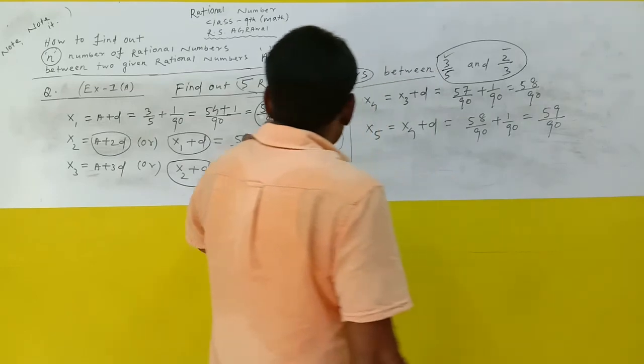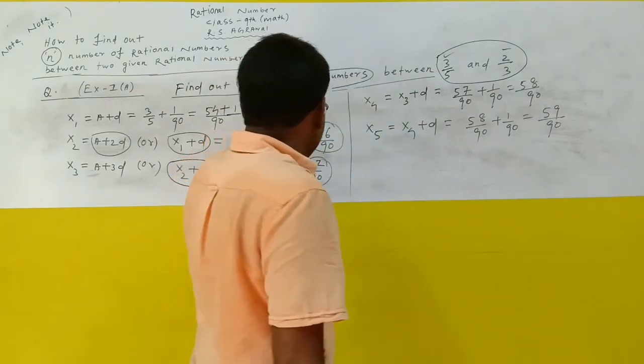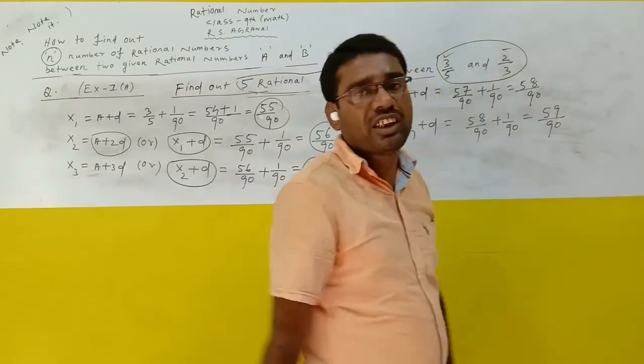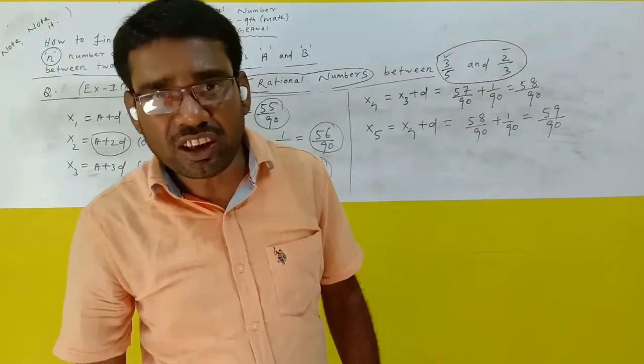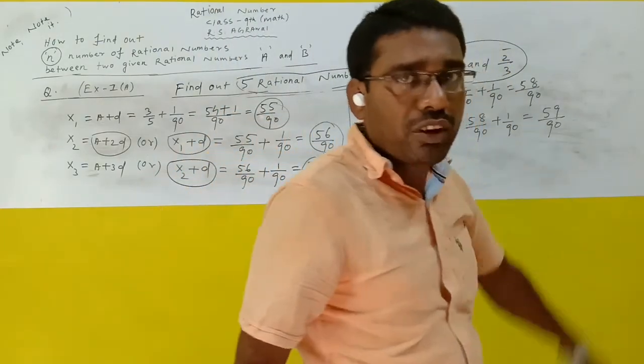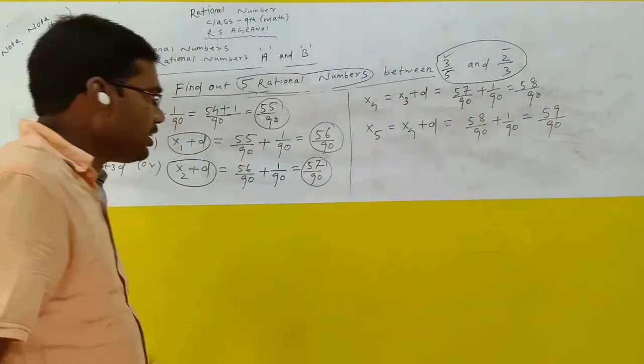So these five rational numbers are your required rational numbers between the given rational numbers 3 by 5 and 2 by 3. So note it.